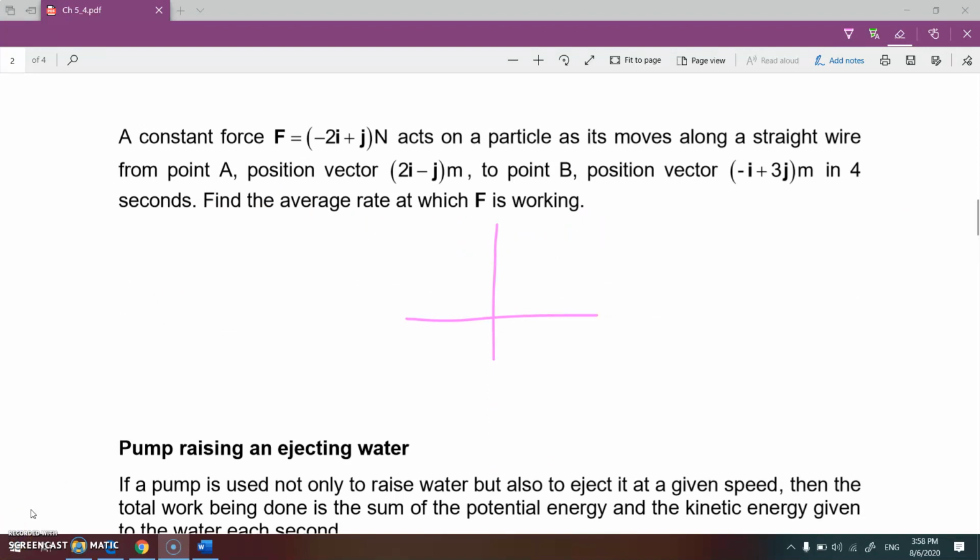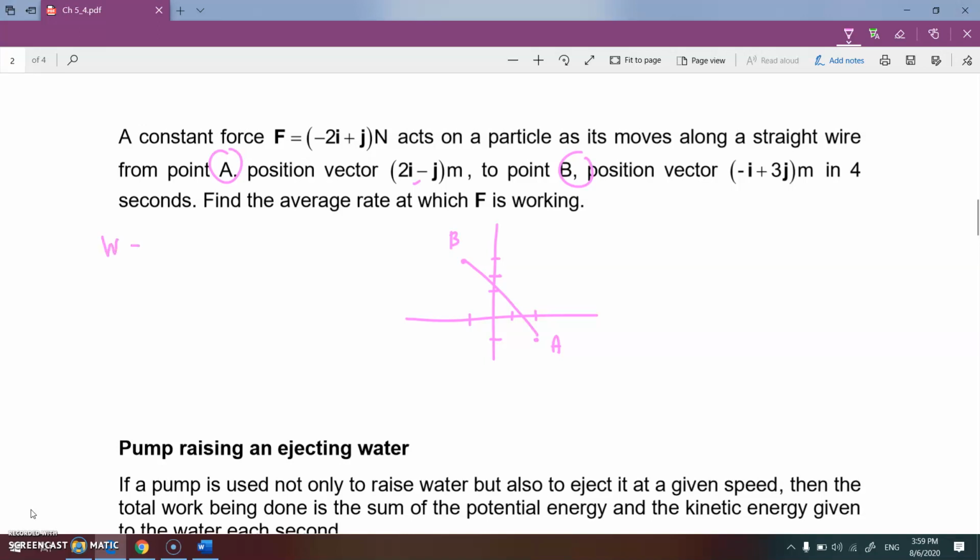In this question, we have 2 points, point A and B. First, point A is a position vector. This is point A, so we have 1, 2, and then 1. So this would be A. And then we have B, negative 1, 1, 2, 3. So we have B here. So this is the straight line.